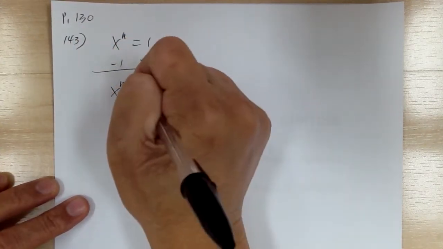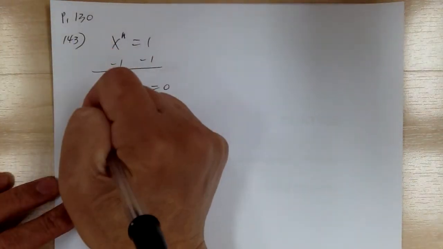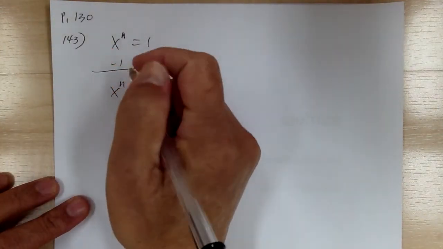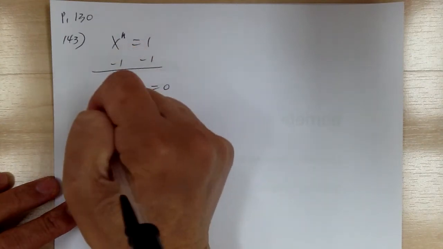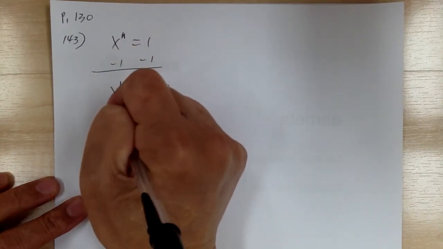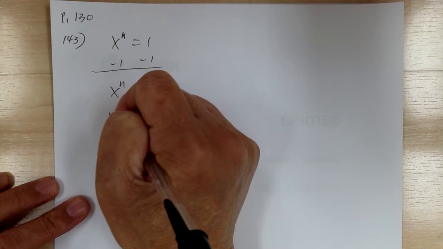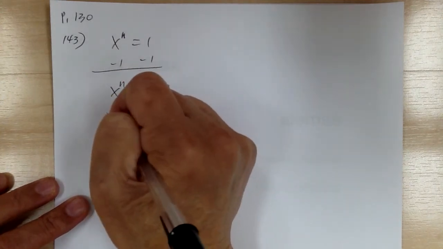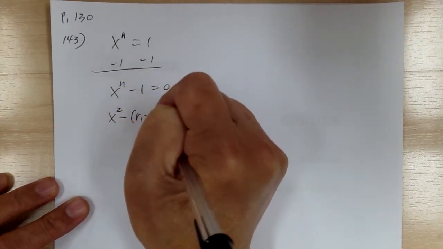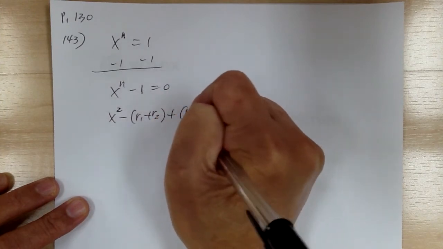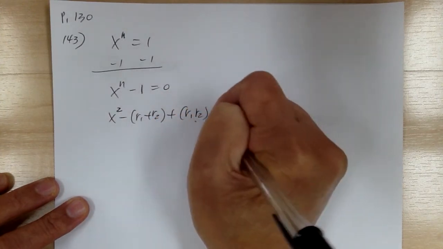And then from your root equation, because n can be any number, let's look for the pattern. So for the second power, when n equals 2, the second degree root equation is x squared minus (r1 plus r2) x plus r1 r2. So here's your product of the roots.